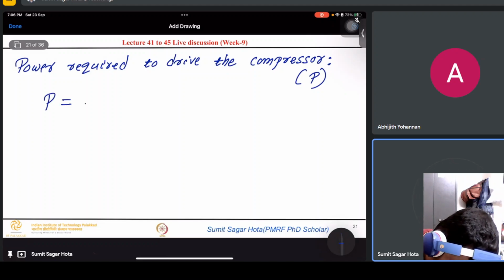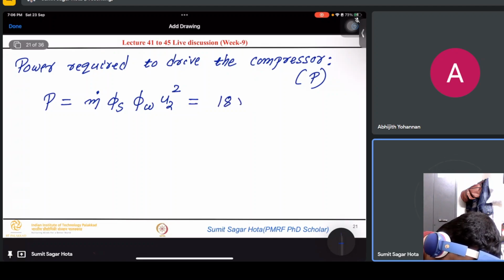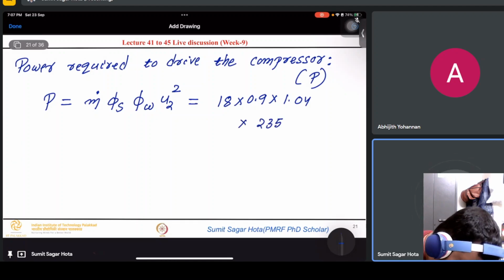P equal to m dot phi s phi w U2 square, which is m dot given 18, phi s 0.9, phi w 1.04, U2 square 235.5 whole square.